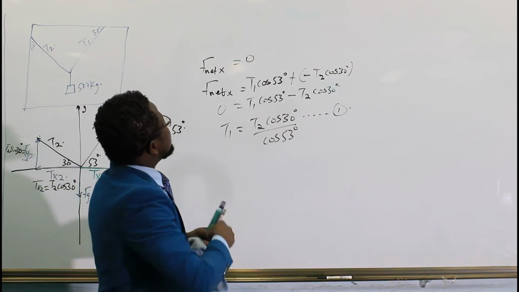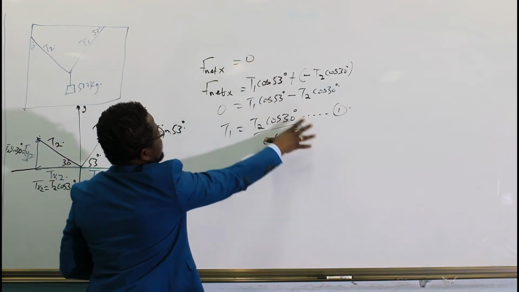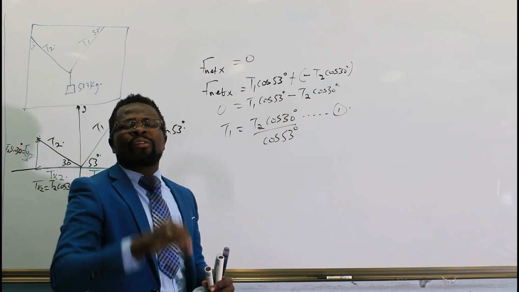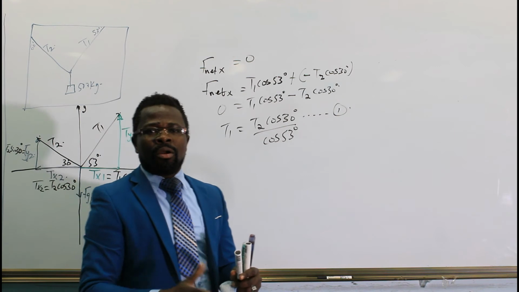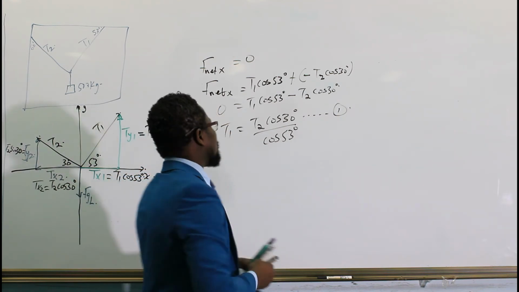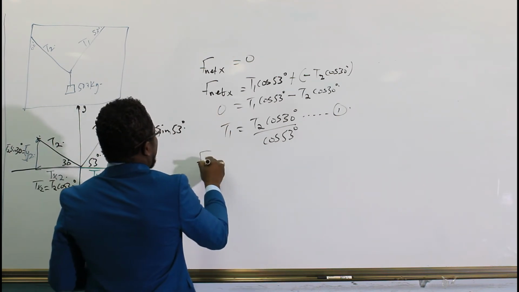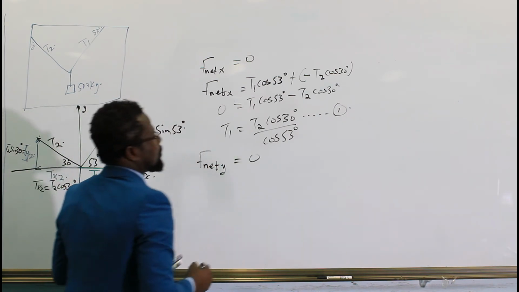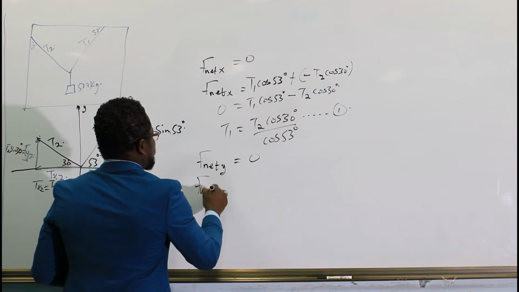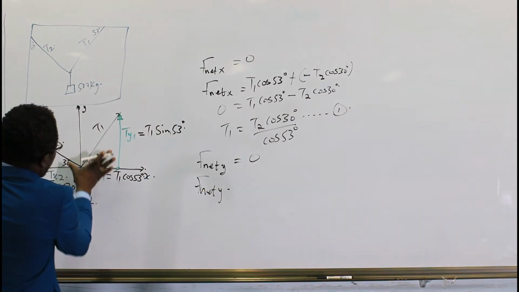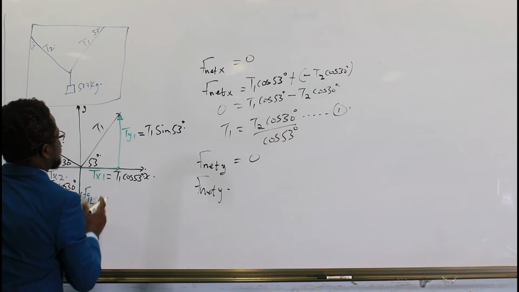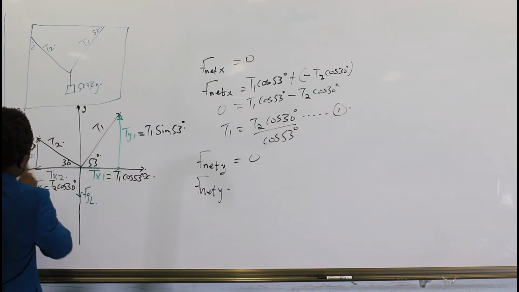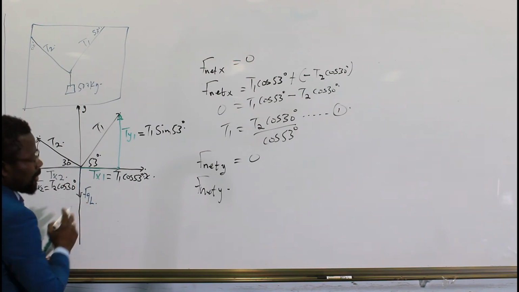And that is the horizontal part, the sum of the forces acting at the horizontal part. Let's look for the sum of forces acting on the vertical component as well. And that is going to be our Fnet y. That will also be equals to 0. So what is the Fnet y? There are three forces in the vertical direction. That is Ty1 and then Ty2 and FG load.